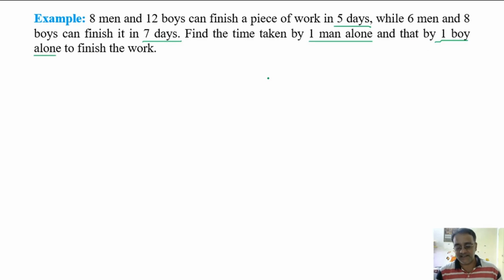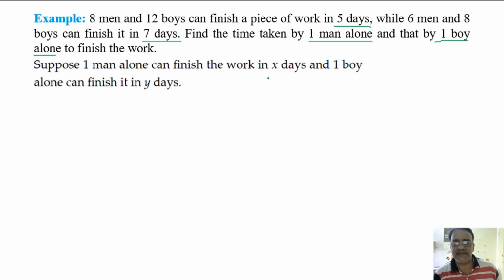So we'll take x and y. This is the first step. And for the first condition, इसका 1 day work कितना होगा? मैन का 1 by x और बॉय का 1 by y. So first equation क्या मिलेगा? 8 men and 12 boys complete 8 by x plus 12 by y is equals to 1 by 5.